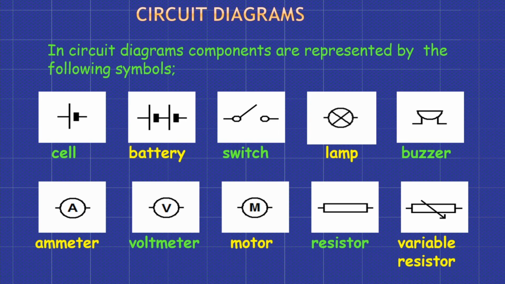So in circuit diagrams, components are represented by the following symbols. There are some of the symbols that I represent in front of you. For example, cell, battery, switch, lamp, buzzer, ammeter, voltmeter, motor, resistor, and variable resistor.